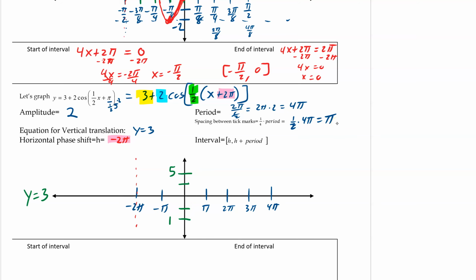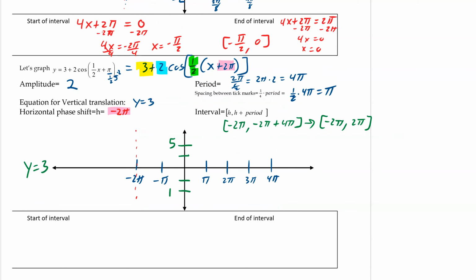So we are going to be starting at negative 2 pi. And then we'll go from negative 2 pi with a period of 4 pi. So our period will go from negative 2 pi to 2 pi. You can also verify this like we did before using that internal area. So 1/2 x plus pi goes from 0, and that 1/2 x plus pi goes to 2 pi.